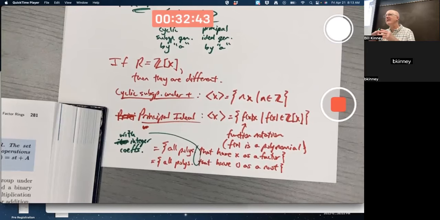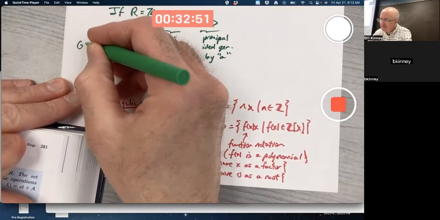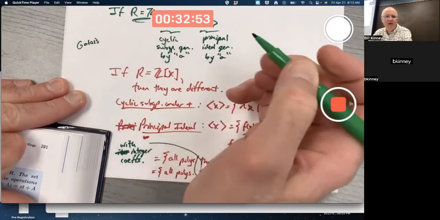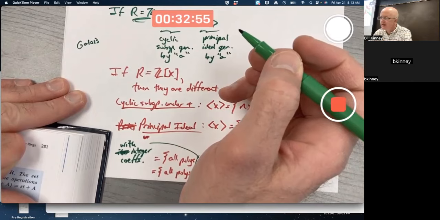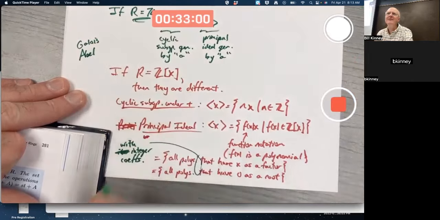That's how ring theory developed back about 200 years ago. Galois, which is spelled that way, and Abel. Abelian is in honor of Abel.